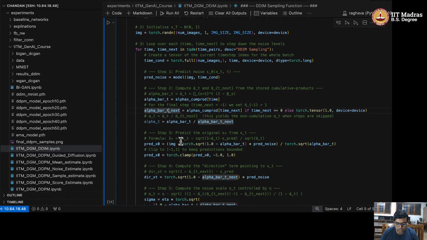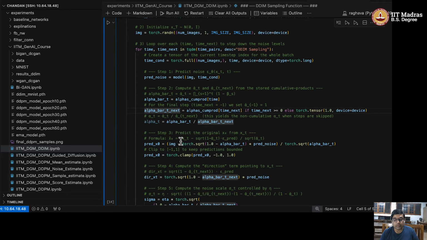Now you are actually obtaining this mu theta star. Please look at the mu theta star equation. In this I have given it as predicted x0. Yes, even that can be the case. If you are predicting the noise, this can be the predicted x0. You can look at the similarity between these equations.